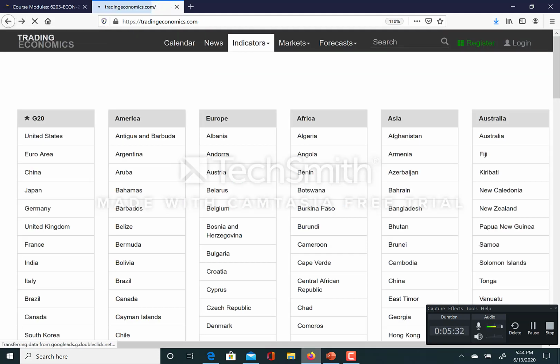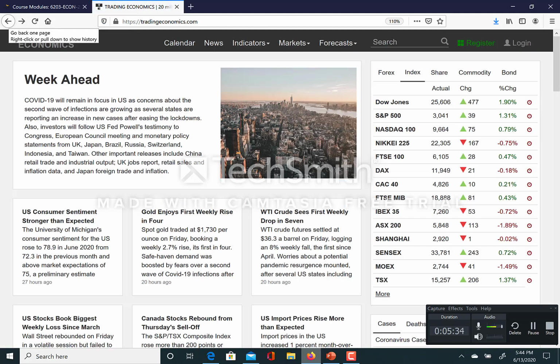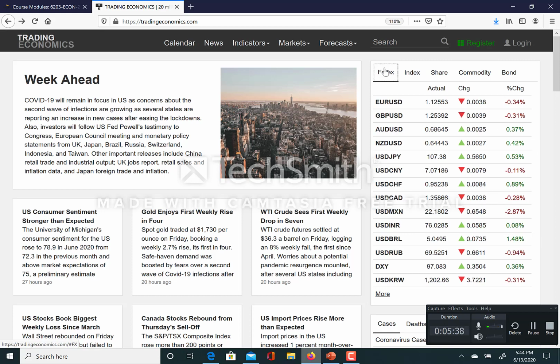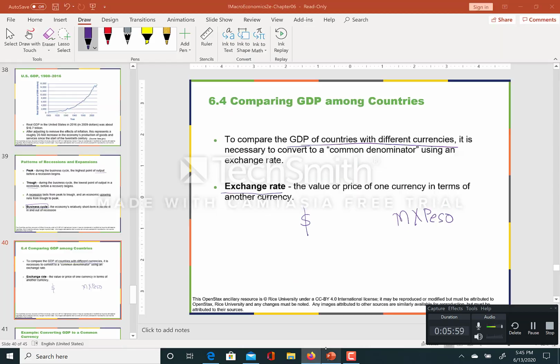Just to let you know, the exchange rate keeps on changing over and over again. This is the Forex market, and USD MXN is showing me the exchange rate between US dollars and Mexican pesos. So it says 1 US dollar is equal to 22.1802 Mexican pesos.